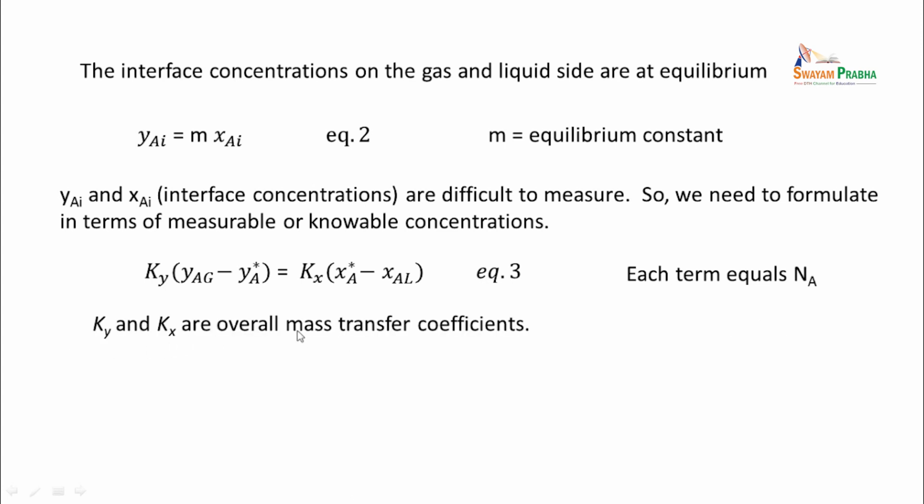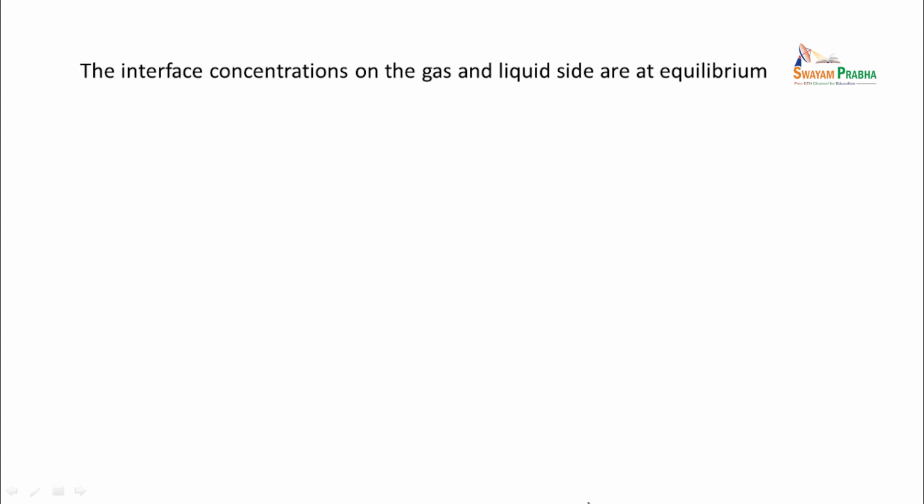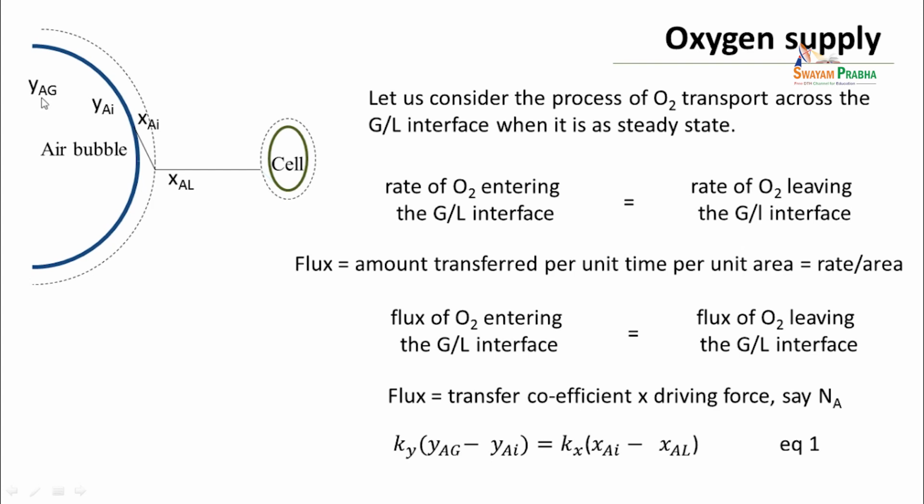Ky and Kx are the overall mass transfer coefficients. What overall means is something like this. This is the individual side mass transfer coefficient, the small lowercase ky and lowercase kx. They are for the gas side alone or the liquid side alone.